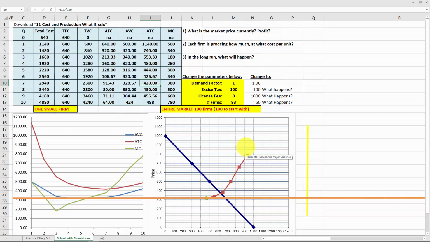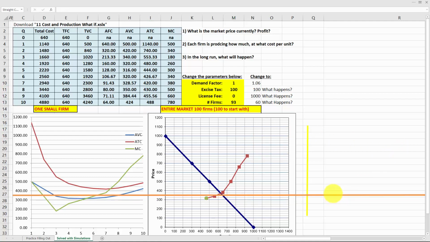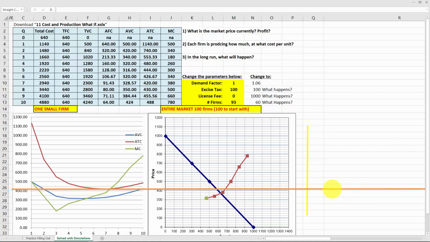But then in the long run, what's going to happen is firms are going to drop out. And firms are going to have to drop out. Let's move this orange line up to the new break-even price of $420 there. Firms are going to have to drop out until we get to the new break-even price of $420. So as firms drop out, 90, 85, no, 80?